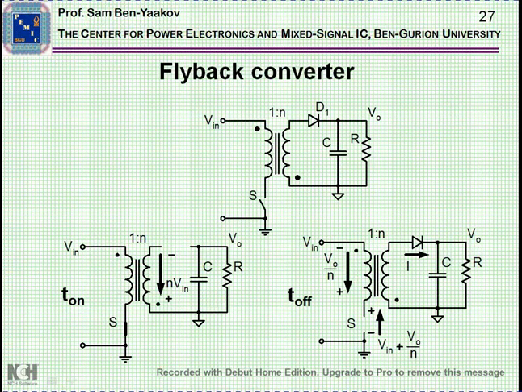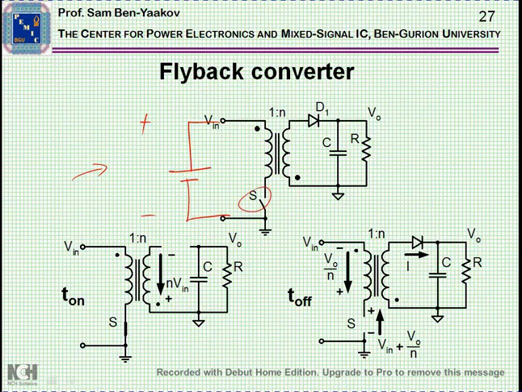So the operation of the flyback converter is very similar to what we have just discussed. This is now drawn in a more conventional way. This is the power source. I'll show it as a battery, but this could be coming off the power line with just a bridge rectifier, having a voltage of this polarity.